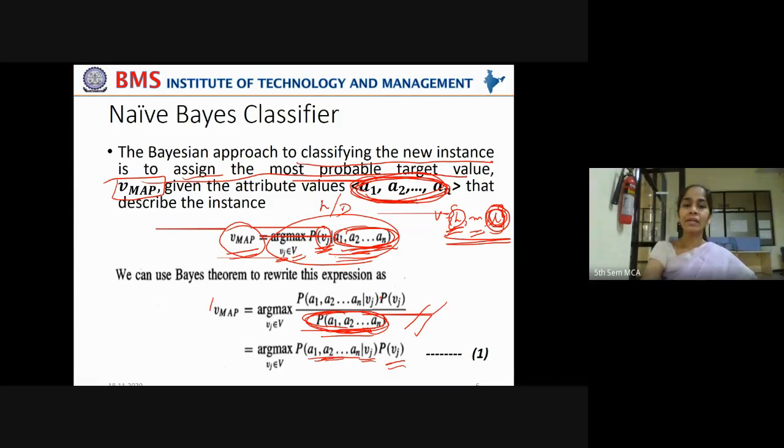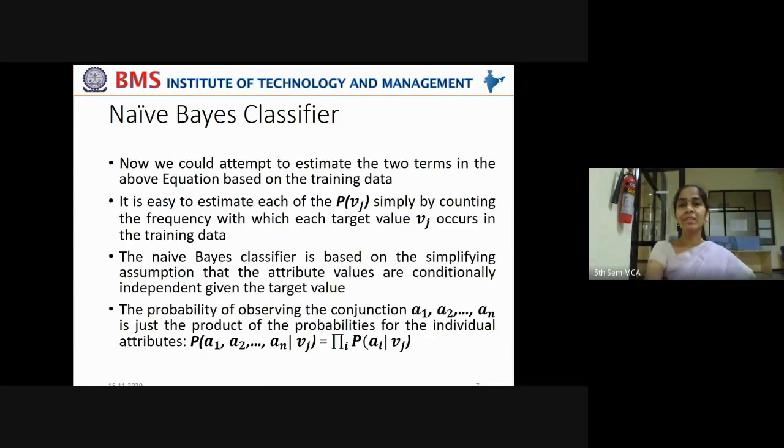Okay, that will give your V map. That is the probability of that particular outcome value occurring with the new instance that has to be classified. When we see an example, it will be more clear for you. Now we could attempt to estimate the two terms in the above equation based on the training data, right?